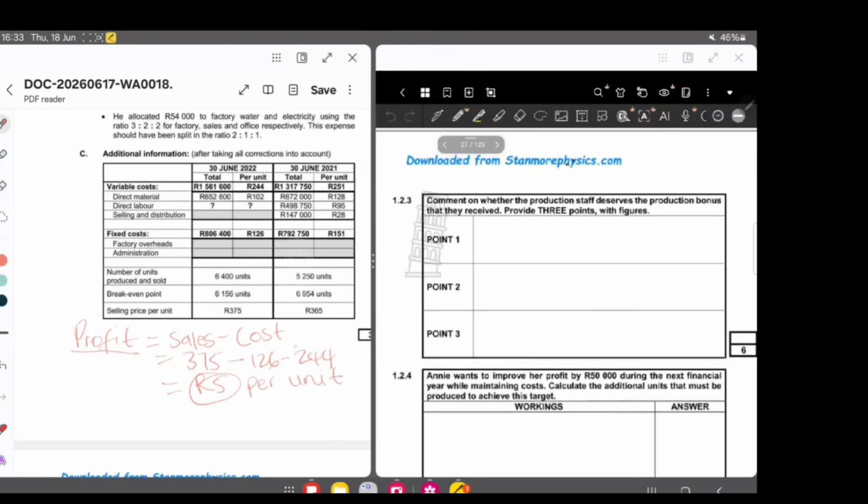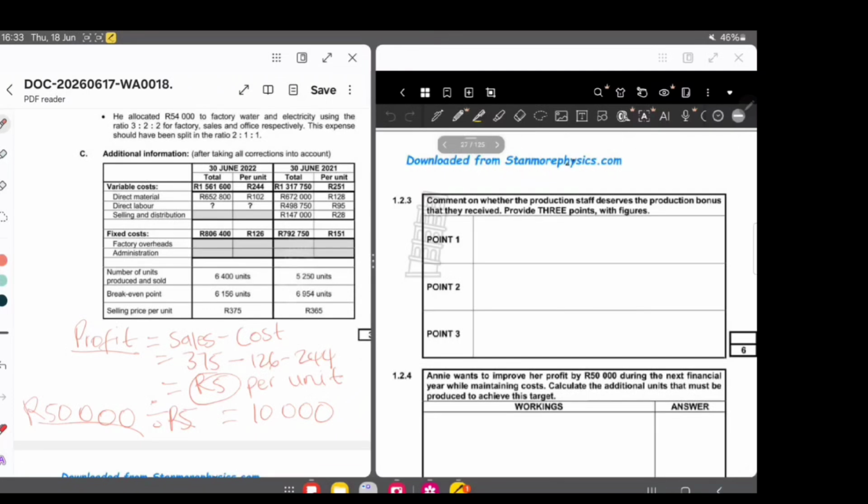So if cost remains the same, then for her to make 50,000 rands, you divide by 5 rands profit, right? So it means she has to make 10,000 more units. Then that's how she can get the 50,000 rands. So she needs to produce 10,000 more units.